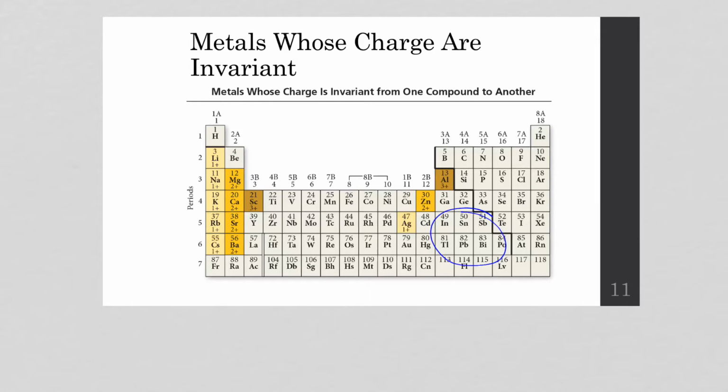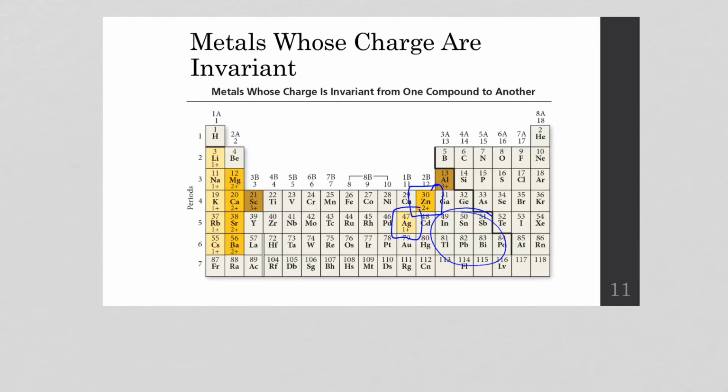There are 2 notable exceptions that it will help to become familiar with, and that is zinc and silver. They are the 2 notable exceptions among the transition metals that always form the same charge. Zinc is a 2+, silver is a positive 1.